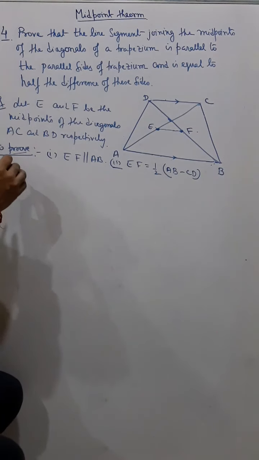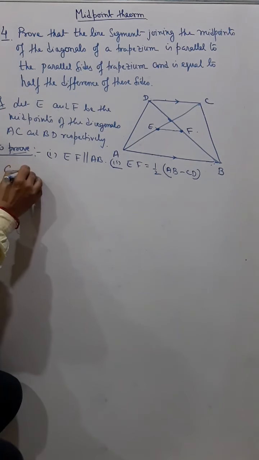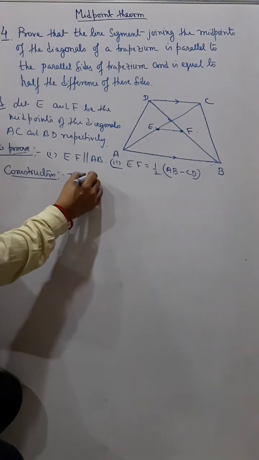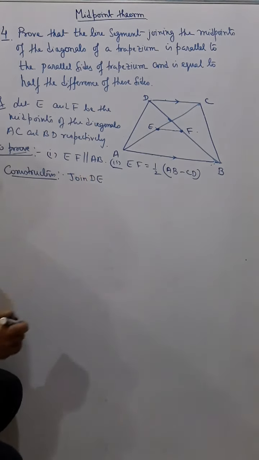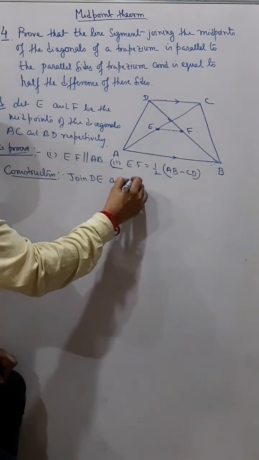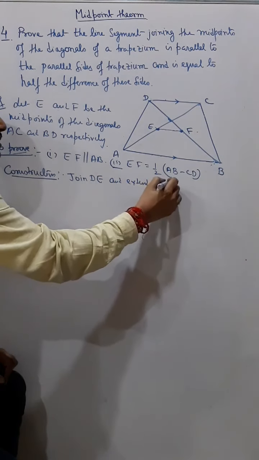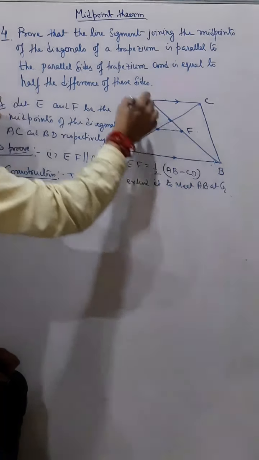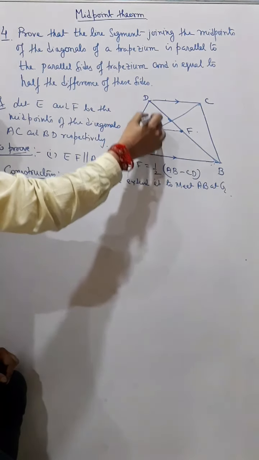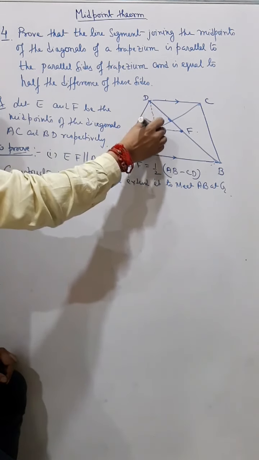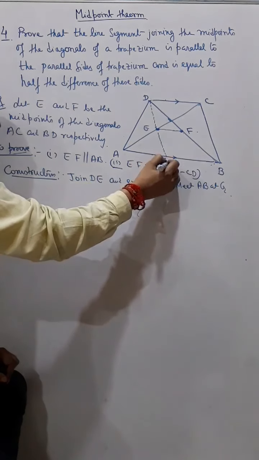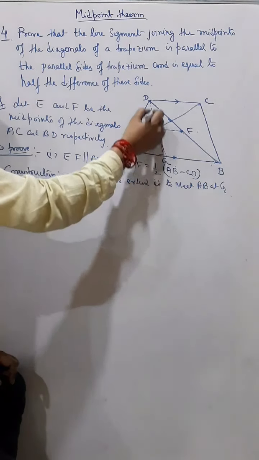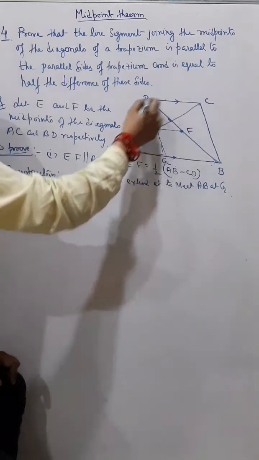Now for this, again we have to do a construction. Join DE and extend it to meet AB at G. So we'll join DE and extend it to meet AB at G. Okay, now we'll prove this triangle and this triangle congruent.